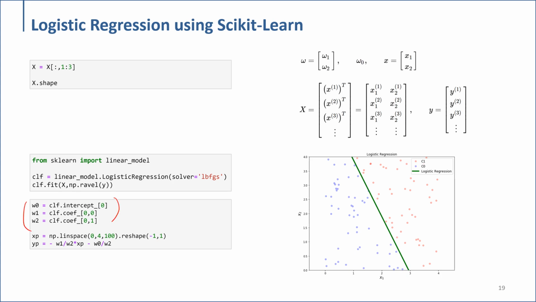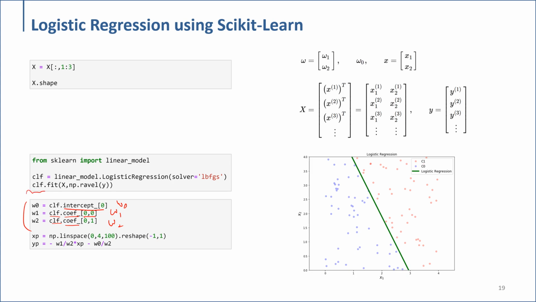and the values will be saved as CLF.intercept, which is nothing but the omega 0, and CLF.coefficient 0,0 will save the omega 1, and CLF.coefficient 0,1 will save the value of omega 2.